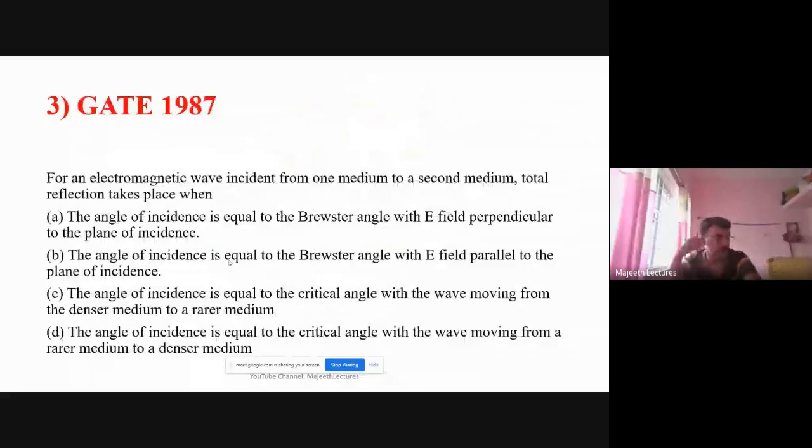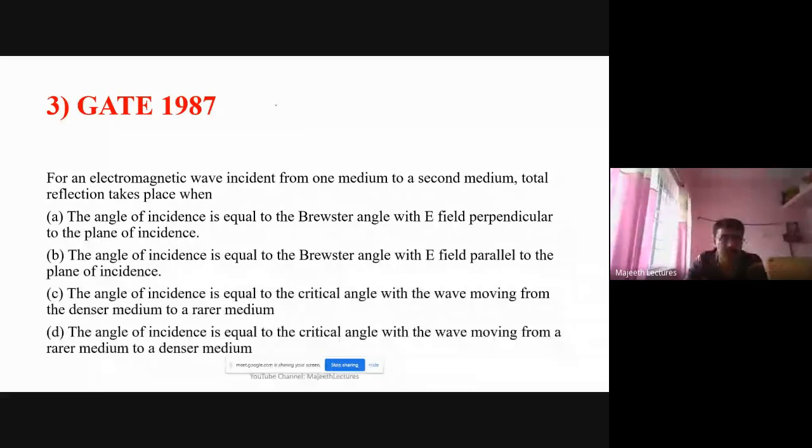For an electromagnetic wave incident from one medium to a second medium, when does total reflection take place? We know total reflection takes place from our physics itself. We understood, right?